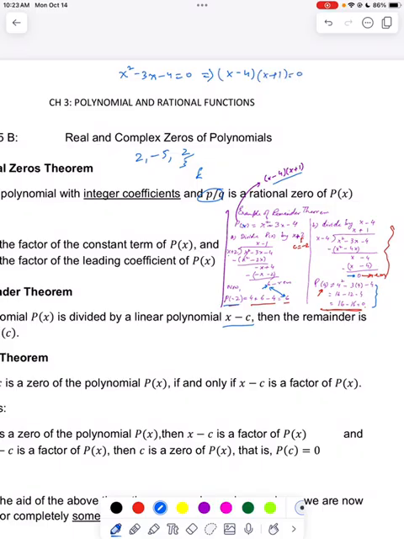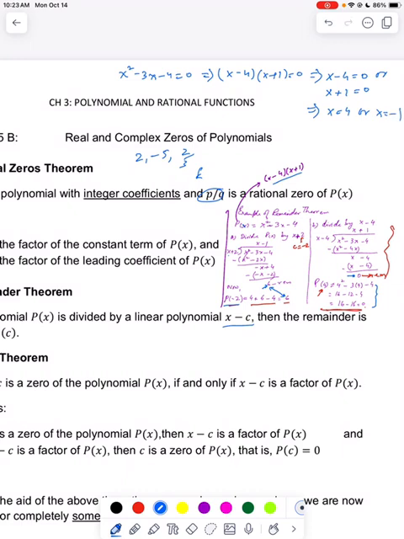Then you say it means x minus 4 is 0 or x plus 1 is 0, because x minus 4 is a factor and x plus 1 is a factor. So from there you say x is equal to 4 or x is equal to negative 1.